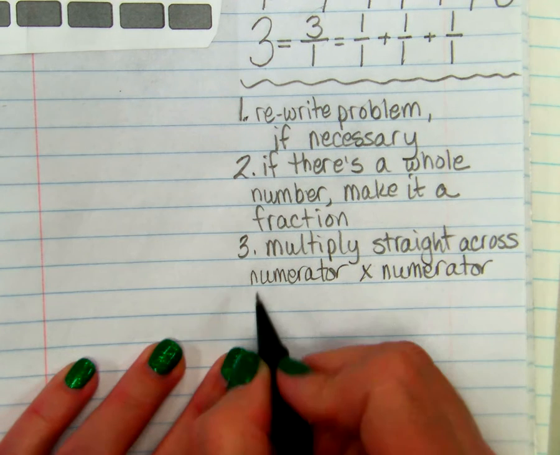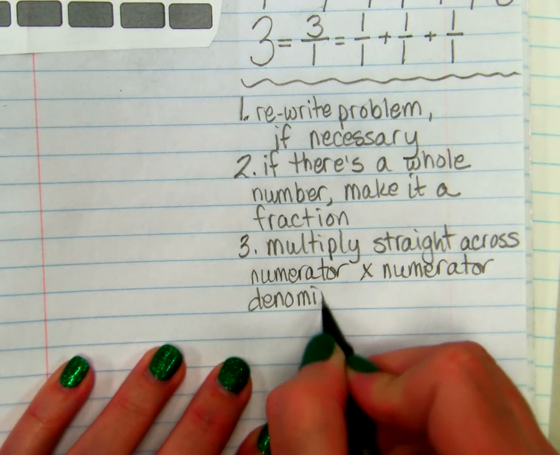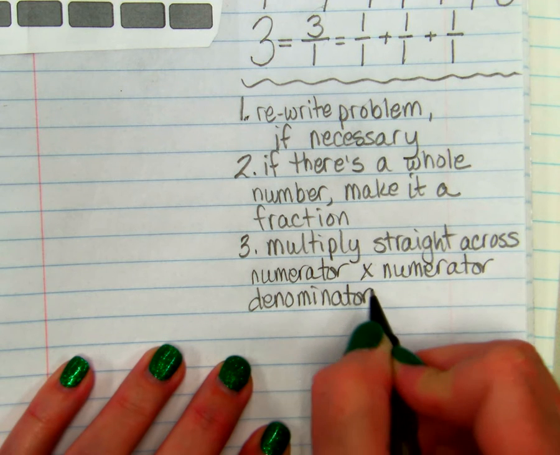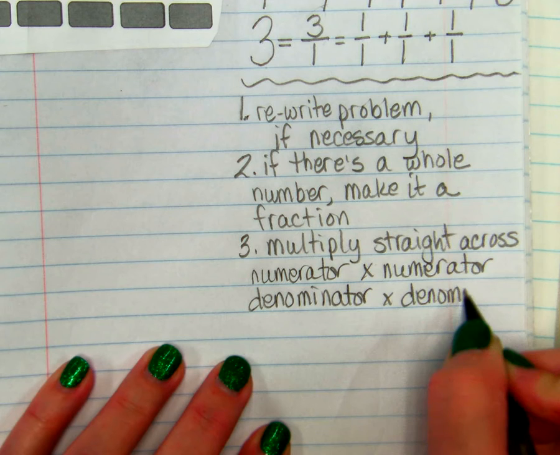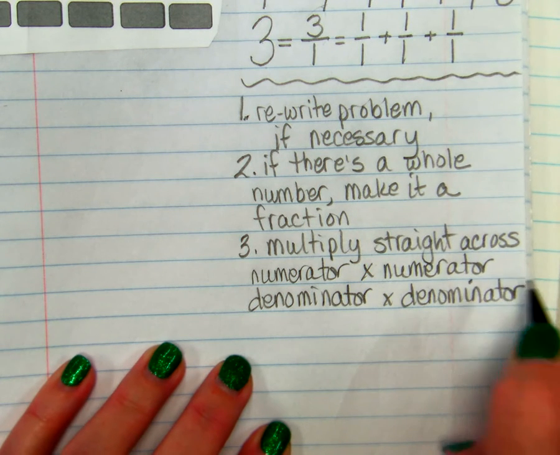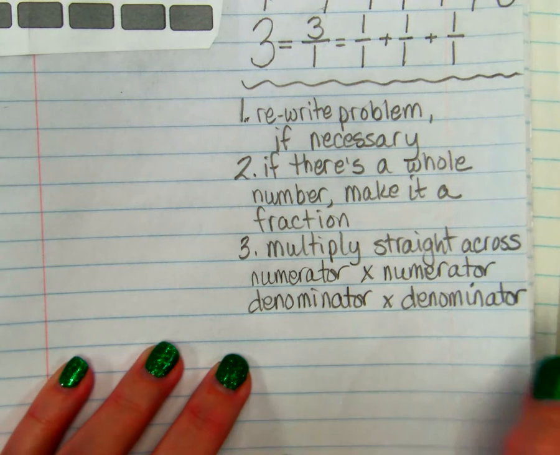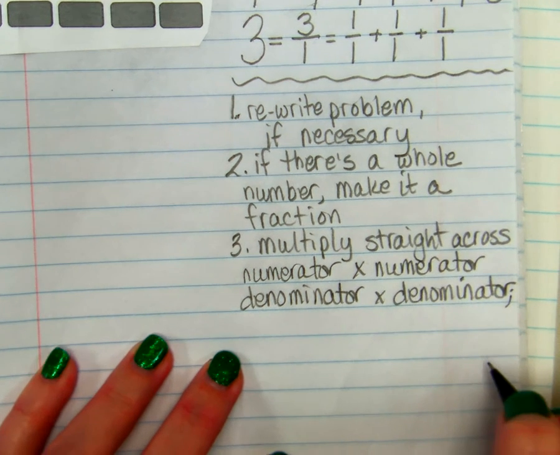And the denominator times the denominator. Okay? I'm going to put a little semicolon right here because I'm not done with step 3.